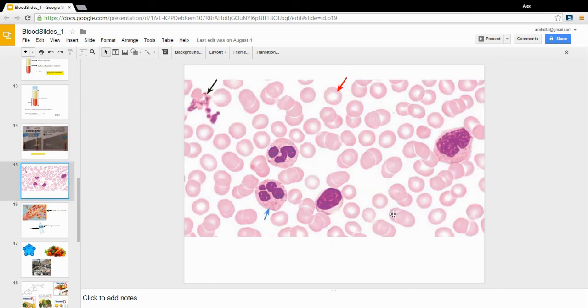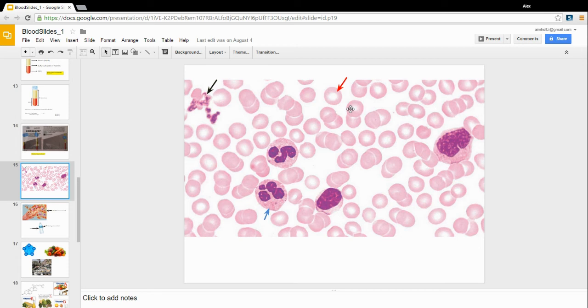Here we see some of our formed elements again. The red arrow at the top is a red blood cell, also known as an erythrocyte. And the basic main job of a red blood cell is to carry oxygen. Upper left-hand corner, black arrow, those are platelets. And platelets are little cell fragments. They play a big role in blood clotting.